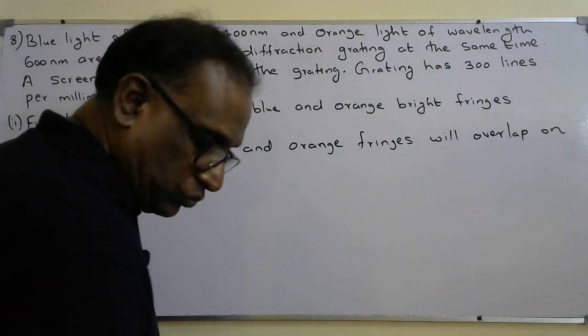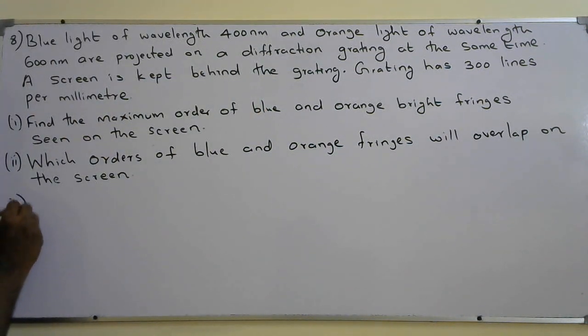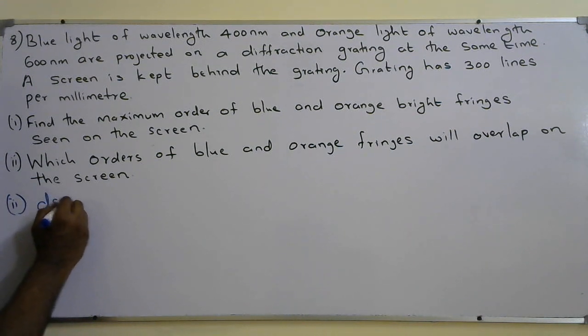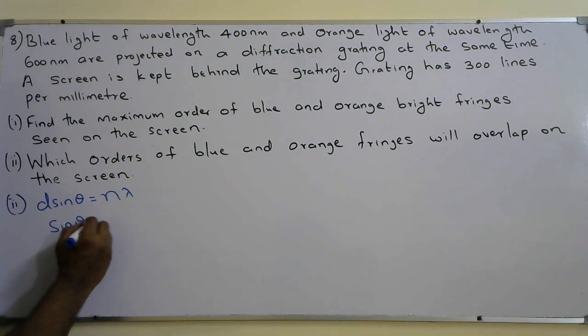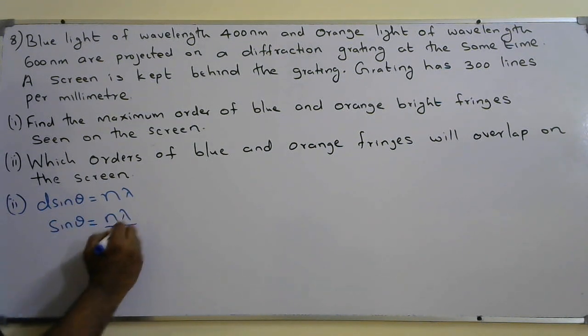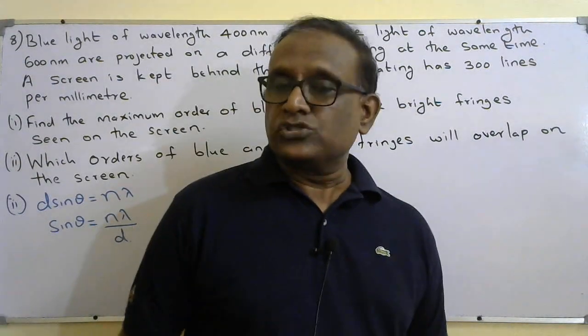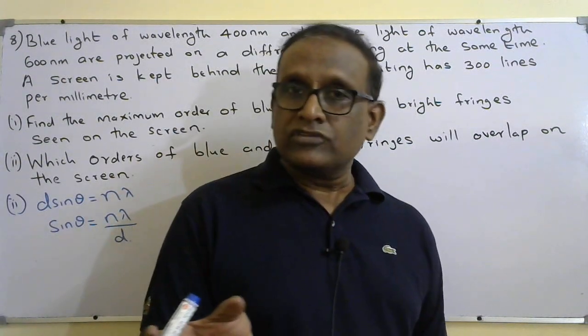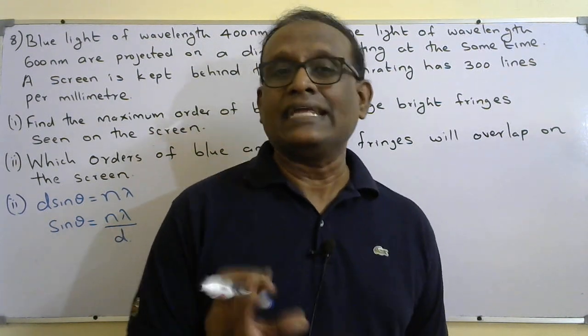So if I take that idea, for the second part: d sine theta equals n lambda, so sine theta equals n lambda over d. We don't know which orders are overlapping, but if they overlap, different orders of blue and orange will overlap, and they should have the same angle theta.